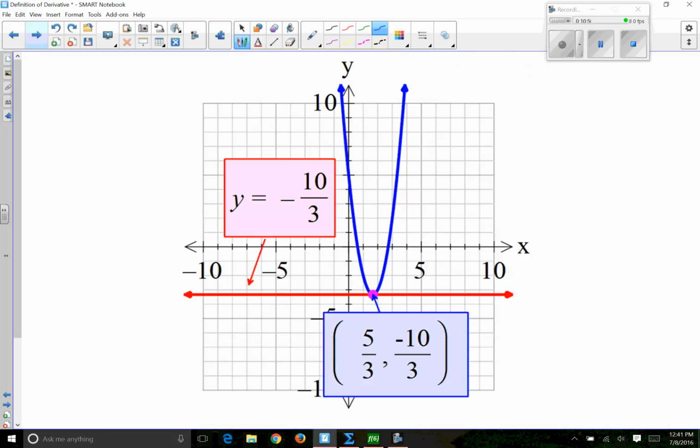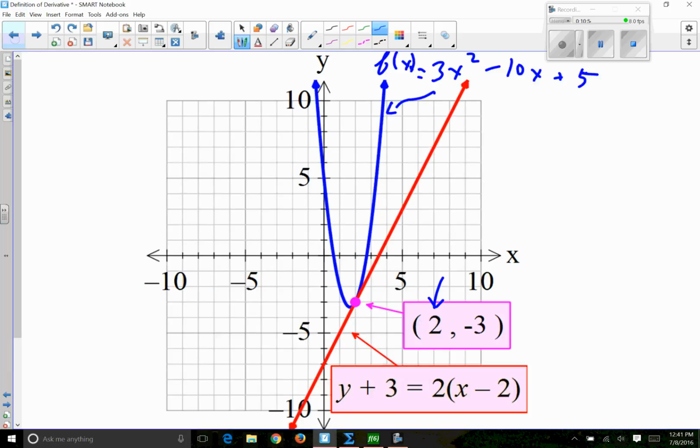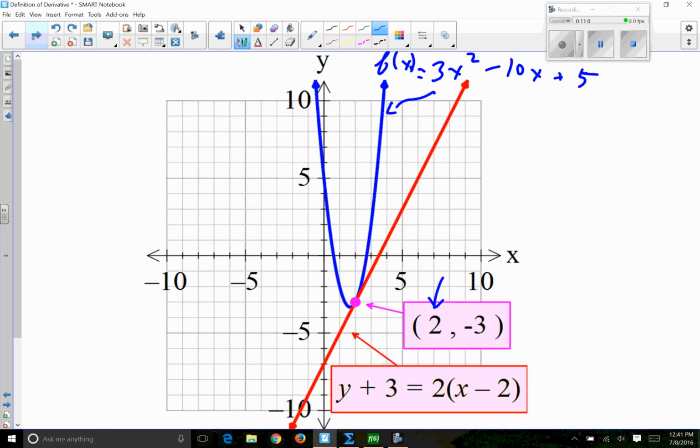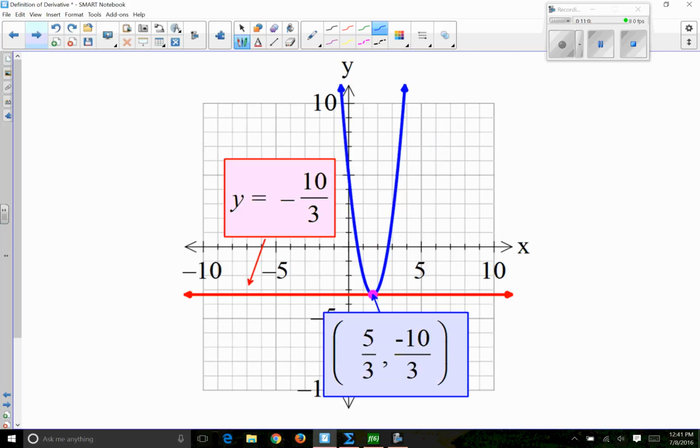Here's a picture of part B. Actually, this is a picture of part B. Here's a picture of part C.